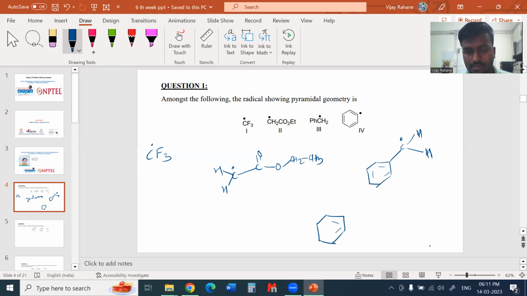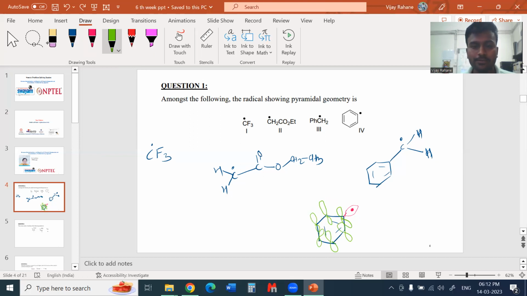If the benzene ring is in a plane, the radical also lies in the same plane, and the other pi orbital is perpendicular to the plane of the benzene ring. So this pi electron cloud will be above and below the benzene ring.